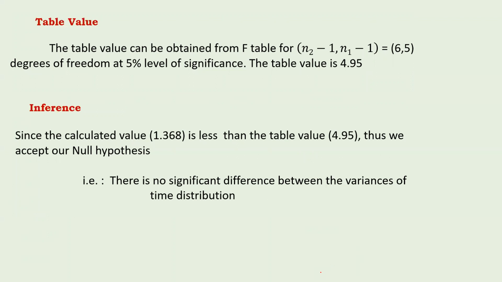What we have to conclude here is, again, we have to compare the table value with the calculated value. Here the calculated value is 1.368 and the table value is 4.95. So we will be accepting our null hypothesis. That is, there is no significant difference between the variances of time distribution.